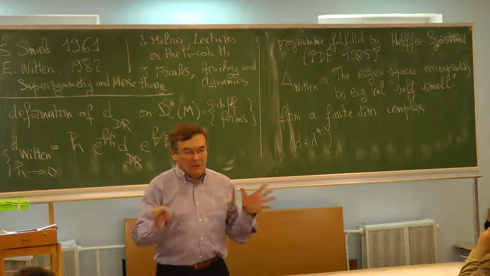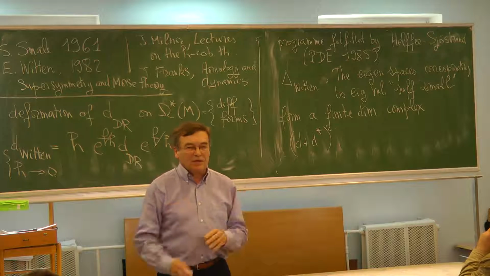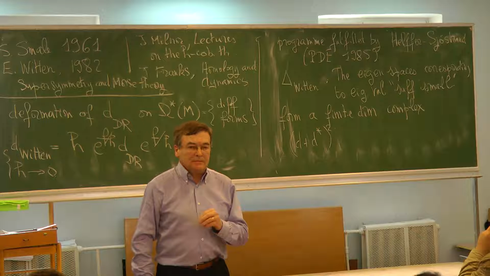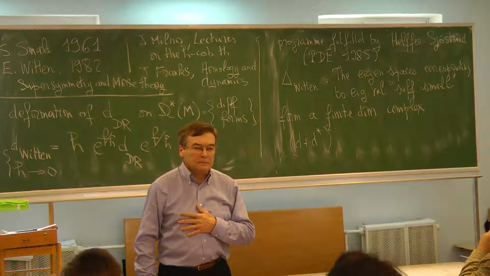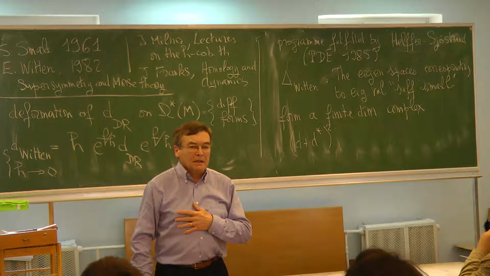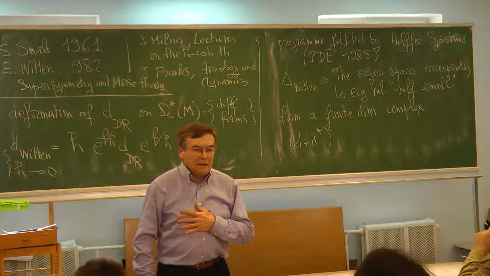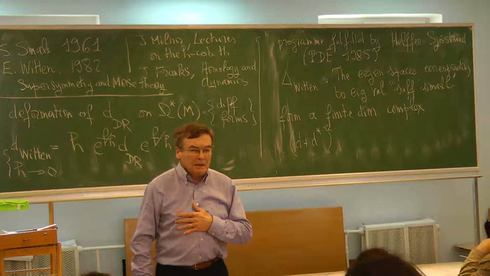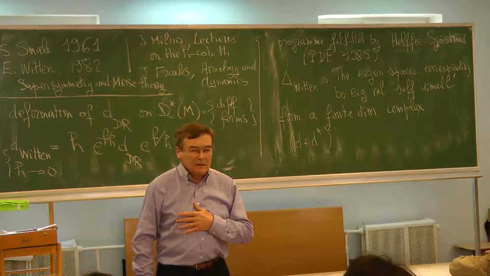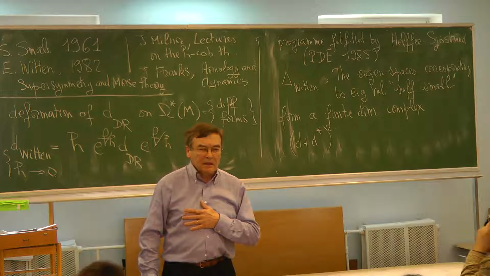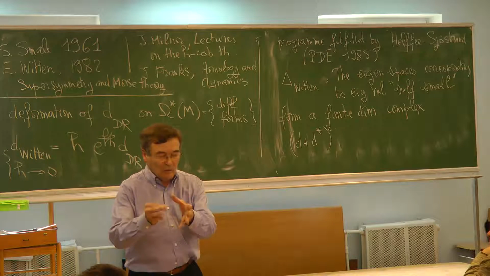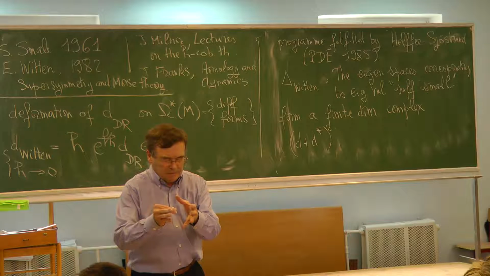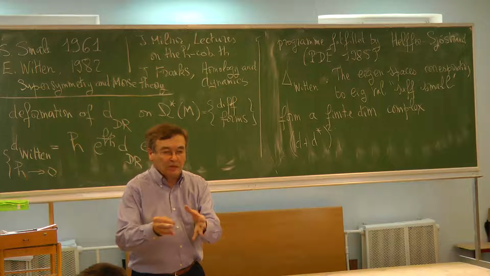Don't ask me what sufficiently small means. When you tend h to 0, some eigenvalues of delta Witten become small, and the others become large. So there is a gap, and the part with small eigenvalues is finite dimensional. That's the point.